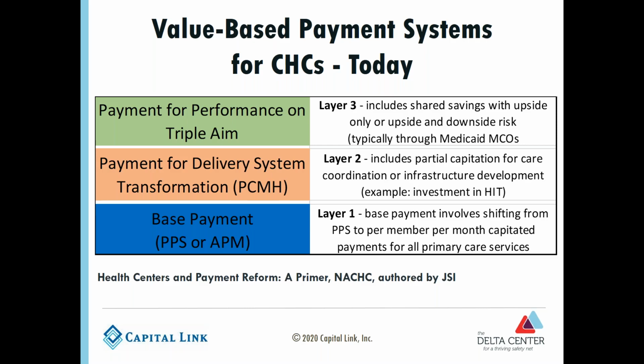It's capitated, covering more of the costs of your patient care and giving you a little bit more flexibility, so that you can use some of that money to pay for enabling services that aren't directly reimbursable. And that could be under the structure of an APM or just under your PPS, but a per member per month structure.